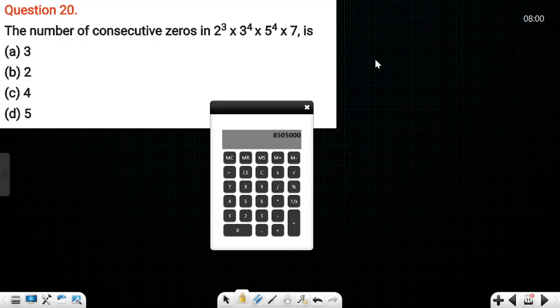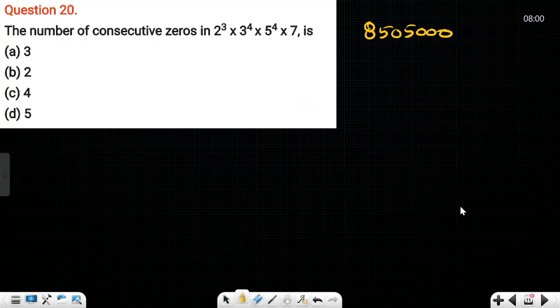See, this is the answer for that: 8505000. Now, this kind of question, I will answer in less than 2-3 seconds. I will directly put the answer as 3. That's it. Not because the answer is available here, Akshita. No, there is another easier way.